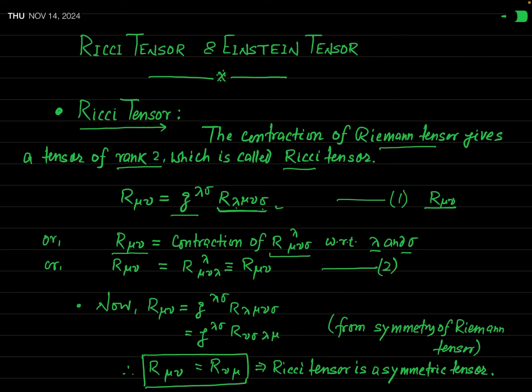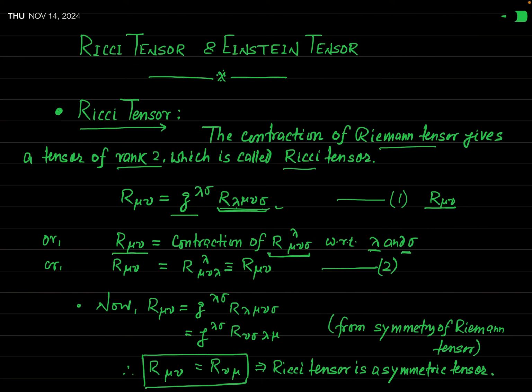I have actually taken here the mixed Riemann tensor. Here we had taken the covariant form of the Riemann tensor, but here we are seeing how the mixed Riemann tensor will be contracted with respect to lambda and sigma, and that will result in the Ricci tensor.